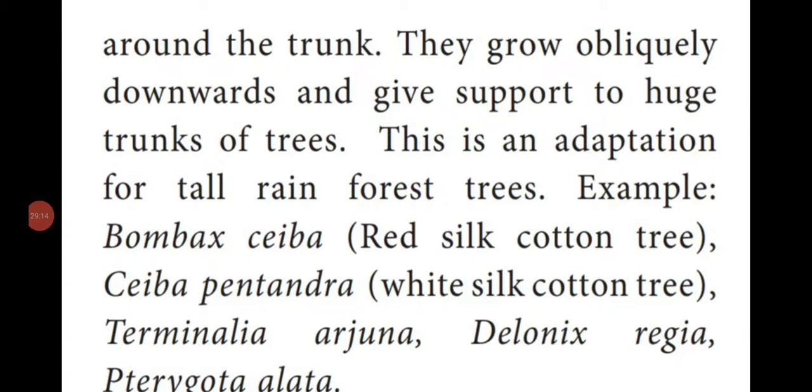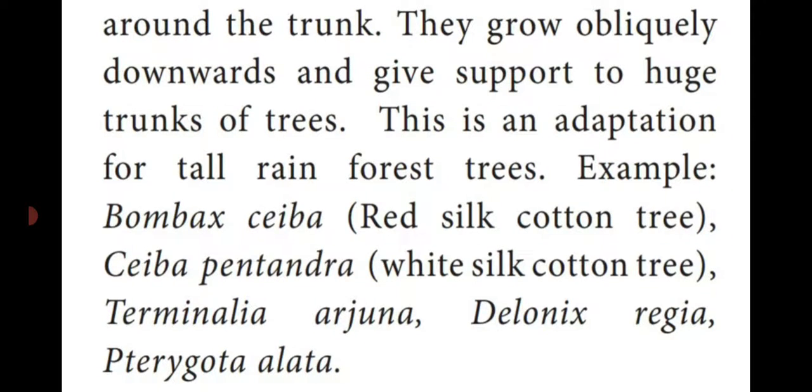These roots grow obliquely downwards and give the mechanical support to huge trunk of a trees. So this is an adaptation of a tall trees in the forest region. Example, Bombax ceiba, red silk cotton tree, Ceiba pentandra, white silk cotton tree, Terminalia arjuna, Delonix regia, Pterygota alata.